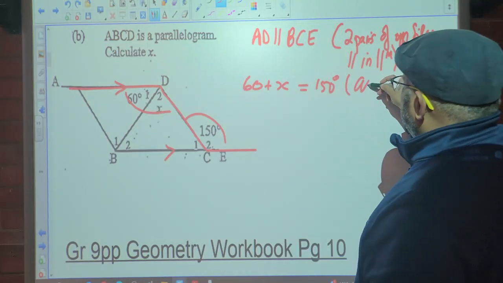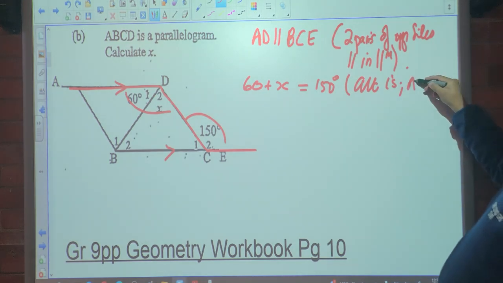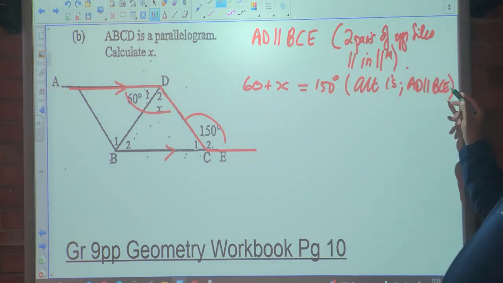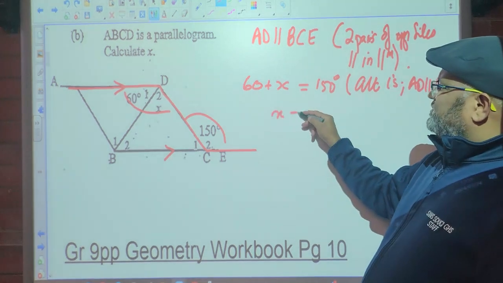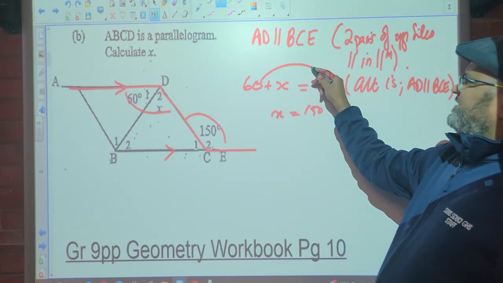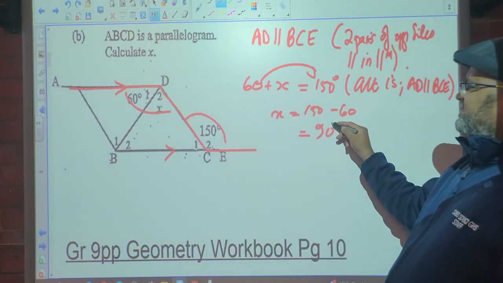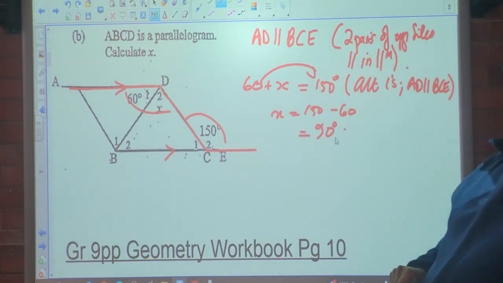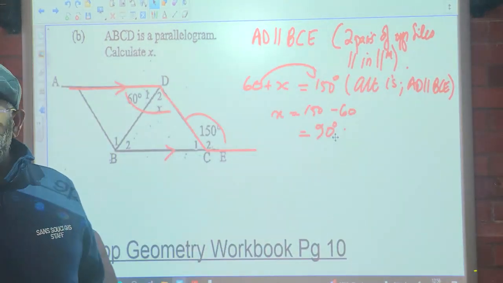Why? Alternate angles are equal with AD being parallel to BCE or BC or BE or CE, whatever. So now I can solve for x. So x is equal to 150 minus 60. And what's 150 minus 60? 90 degrees. Okay? Any confusion there?